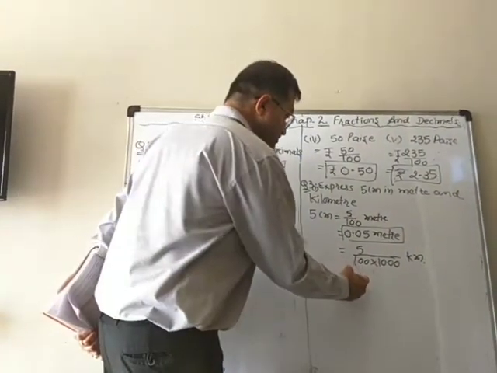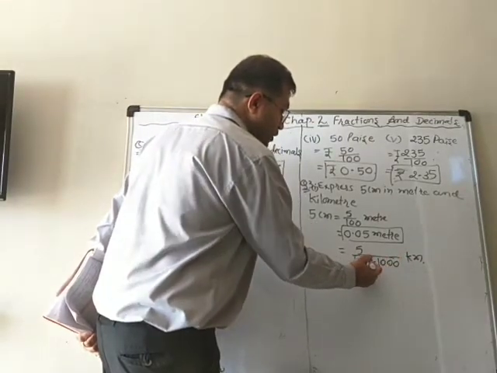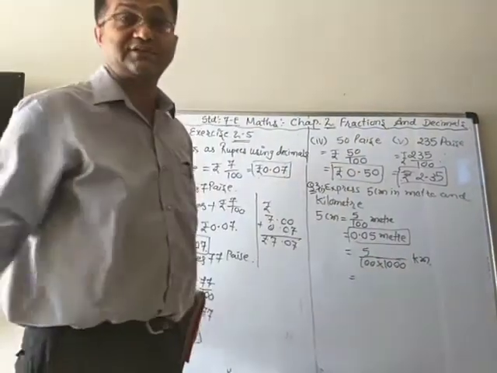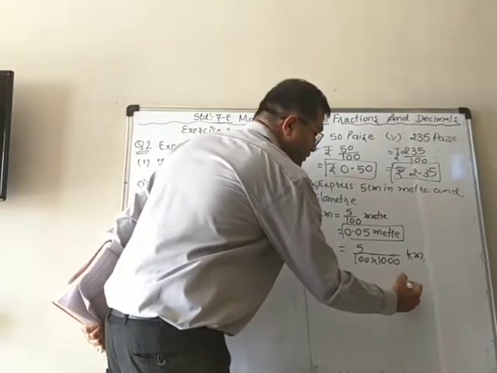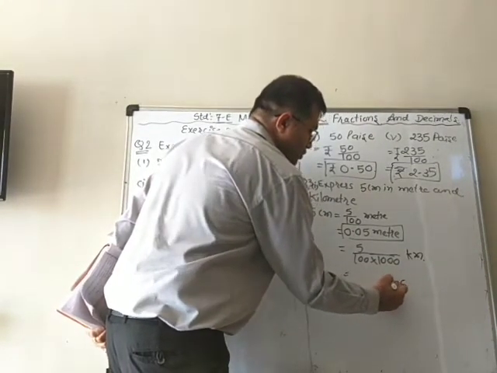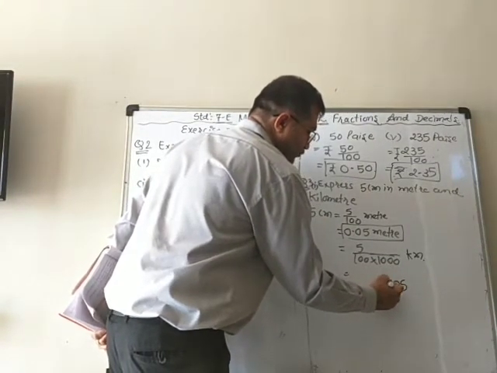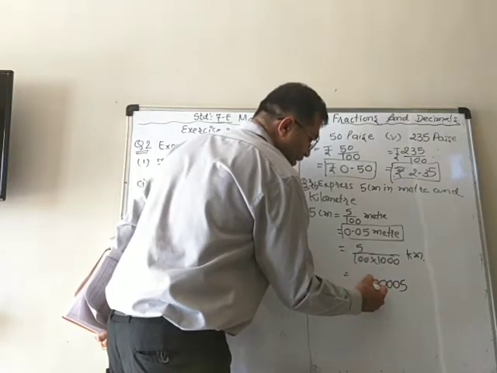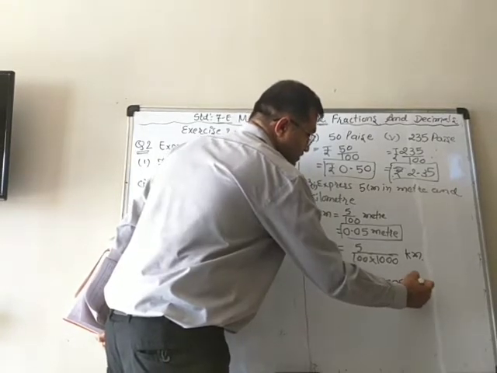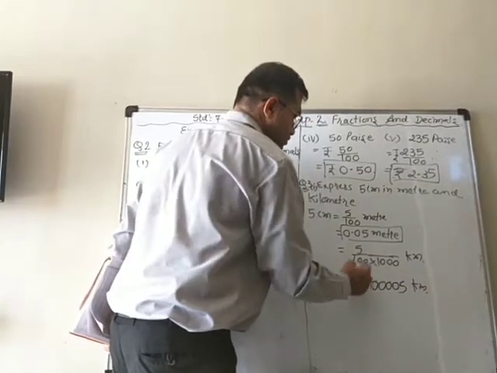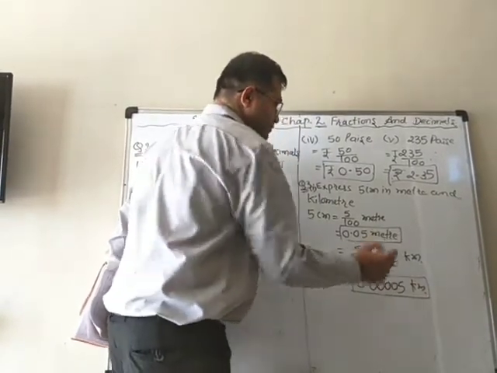So how many places are there now? 1, 2, 3, 4 and 5 decimal places. But we have only 1. So 1, then 2, then 3, then 4, then 5 and then that 0. That is the kilometer. So the first answer was in meter.